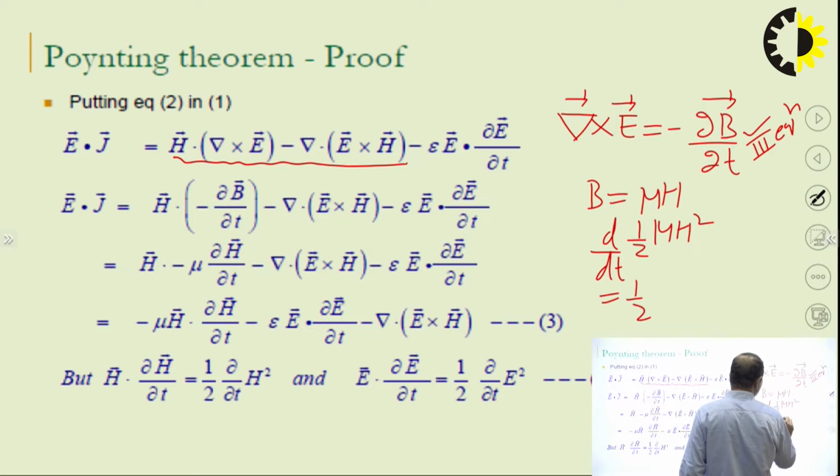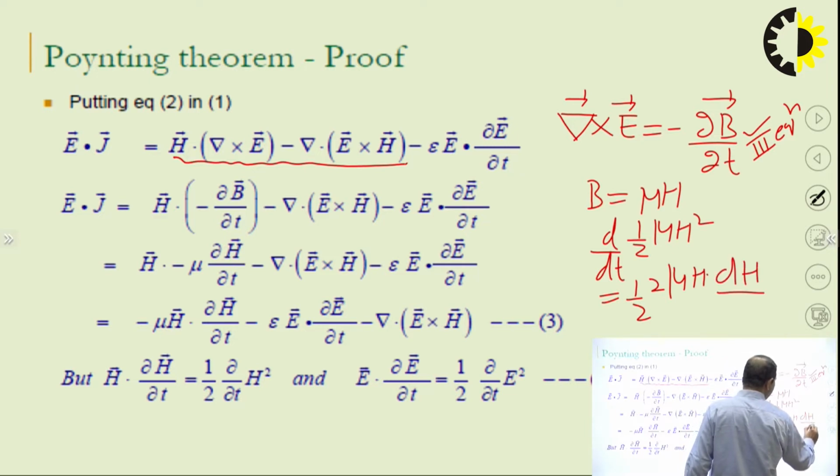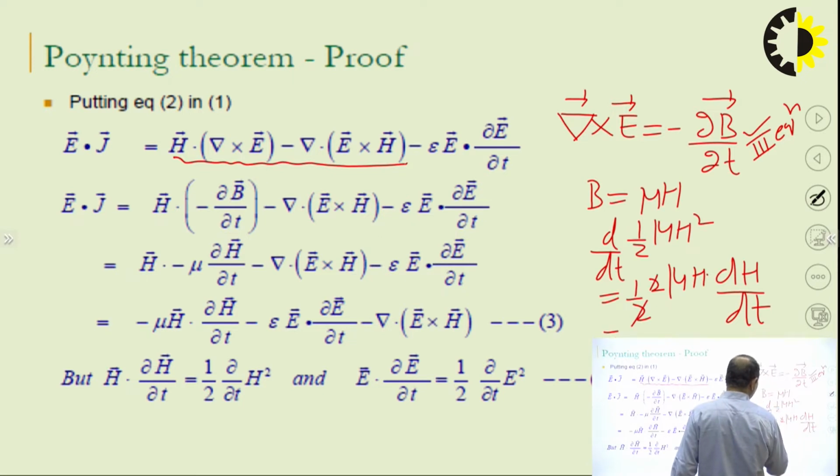So when we differentiate, the 2 will come down, and mu can also be taken, and H dot dH upon dt. So the 2 will get cancelled, and what we will get? Simply mu H dot dH over dt.